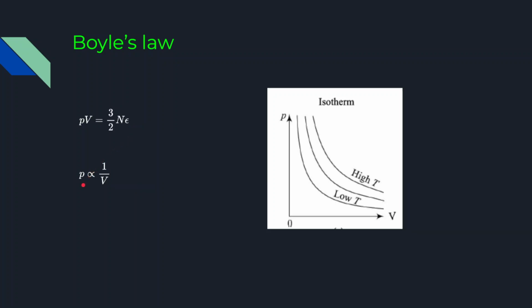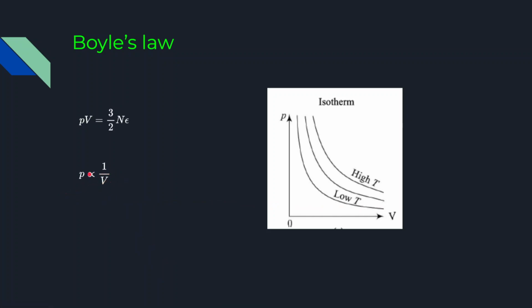For a constant temperature, the pressure is inversely proportional to the volume, so P varies as 1 by V. Now look at this curve. Whenever P increases, V decreases, and whenever V increases, P decreases. So P varies as 1 by V.